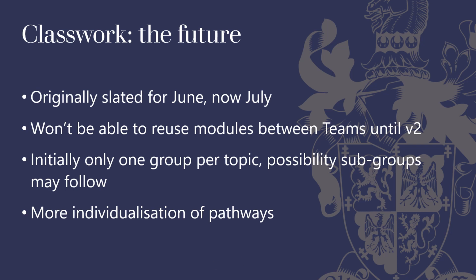So this is what classwork will look like by version 2. It was supposed to be available by now in version 1, but that's now slated for July. As it stands at the minute, they're not planning in version 1 to make it possible to reuse modules between teams.